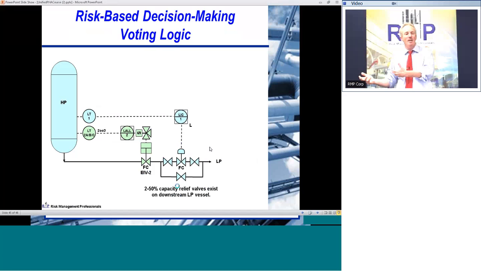If you do get a low level, you have the opportunity to isolate and prevent that gas blow-by by closing EIV-2, or emergency isolation valve 2. The actuator of EIV-2 is fed by a solenoid that might dump instrument air, and is fed by level transmitters, in this case 2A, B, and C. So the idea is you have 2-out-of-3 voting logic by different level sensors.